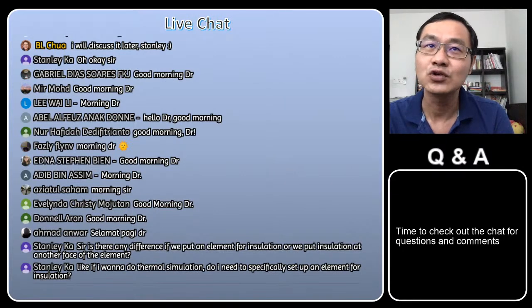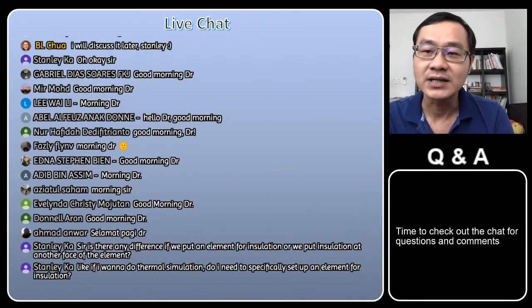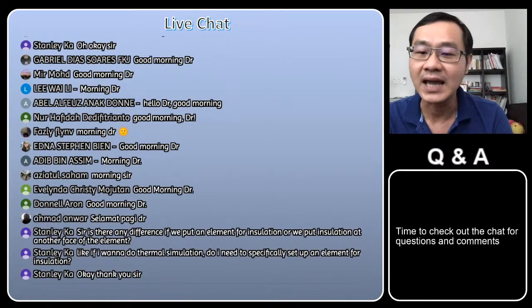Meaning when you use Lisa or maybe Abaqus or other software, when you select the elements, they specifically say what the function of this element is, whether it is for heat transfer or other things. So you just have to select those elements for your heat transfer analysis, and then the insulation will be applied as a boundary condition.